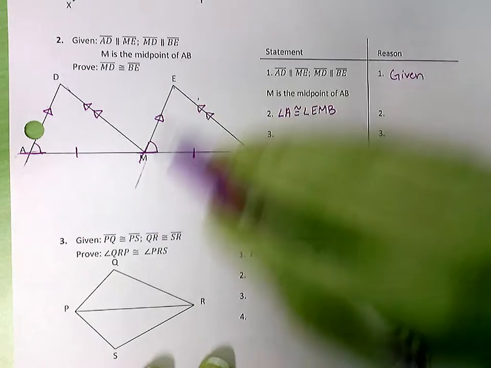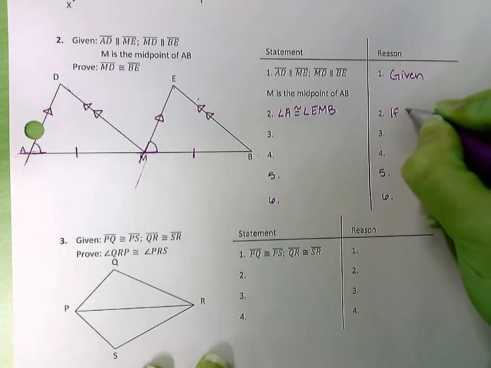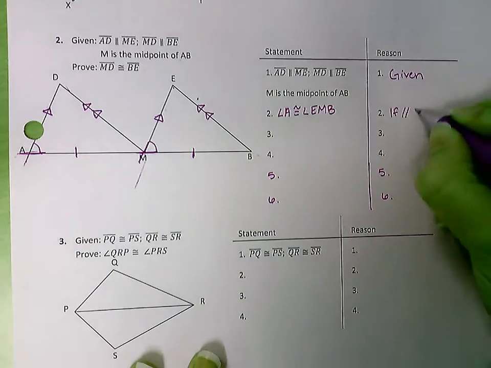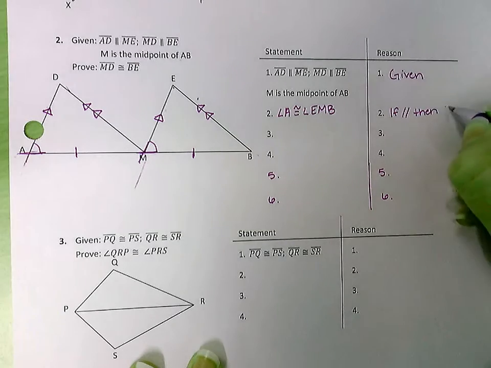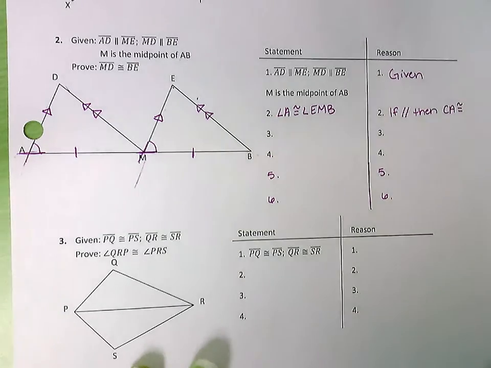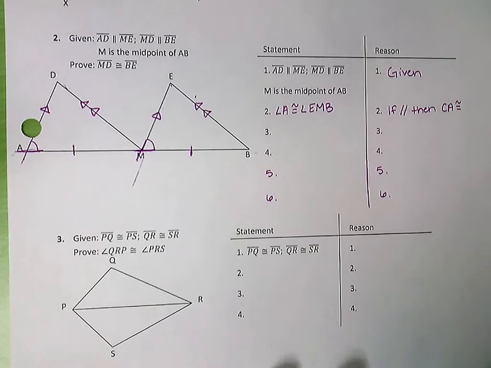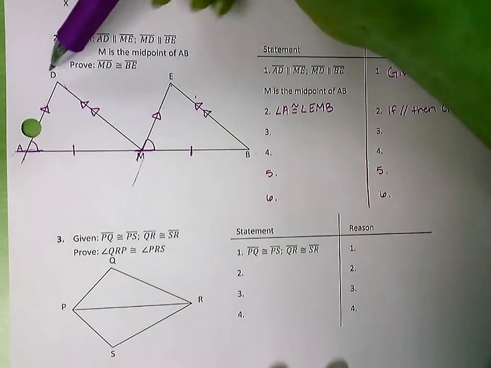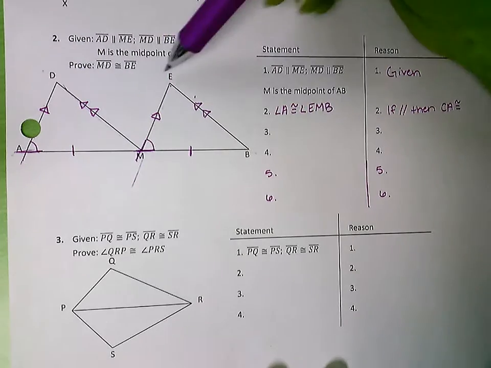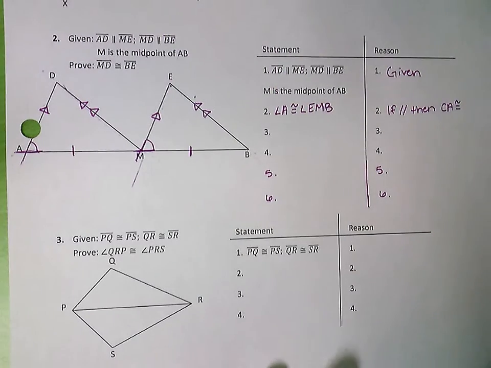So since these lines are parallel, we use if parallel, then our corresponding angles are congruent. I still have one more set of parallel lines. That's DM is parallel to EB.